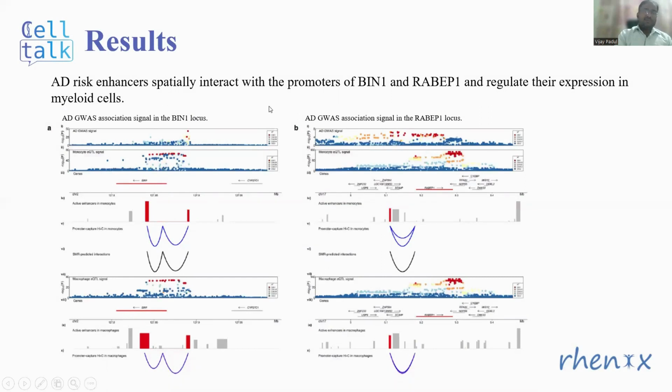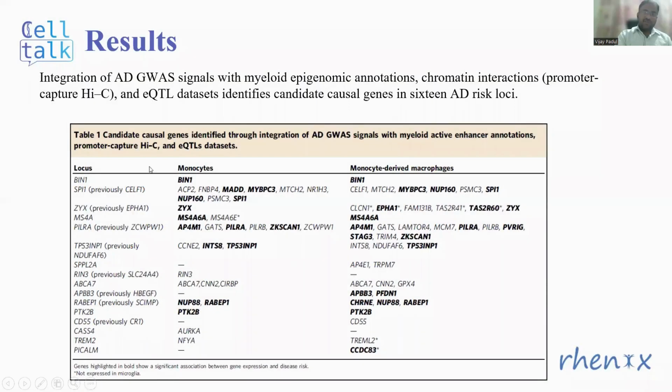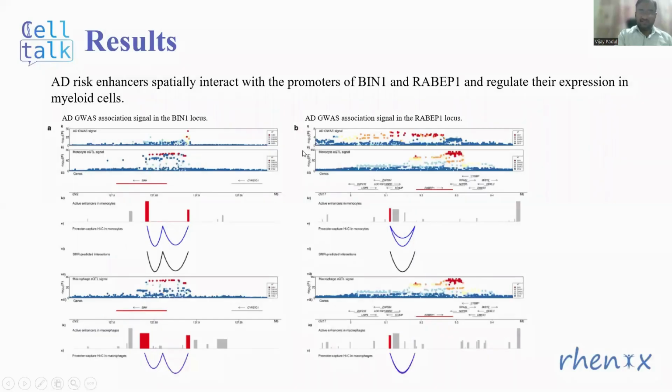The next result shows that AD risk enhancers spatially interact with the promoters of BIN1 and RABEP1 and regulate their expression in the myeloid cells. So these are some candidate genes that have been identified here, BIN1 and RABEP1. Here they have studied this in detail. These are two panels showing studies for the RABEP1 gene locus, and the first panel showing the results for the BIN1 locus.